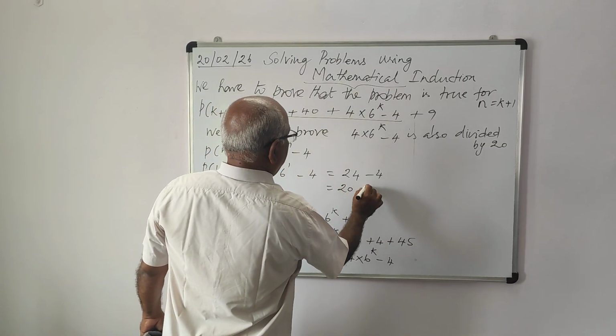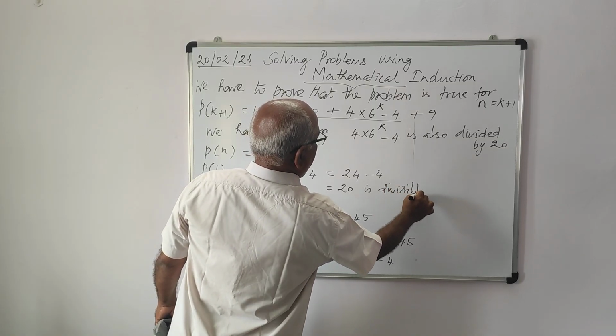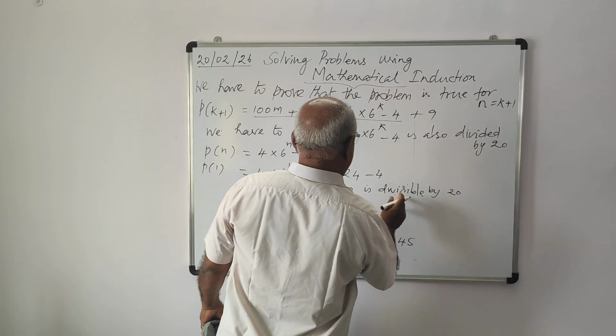Is divisible by 20. இது 20 ஆல் டிவைட் ஆகுது.